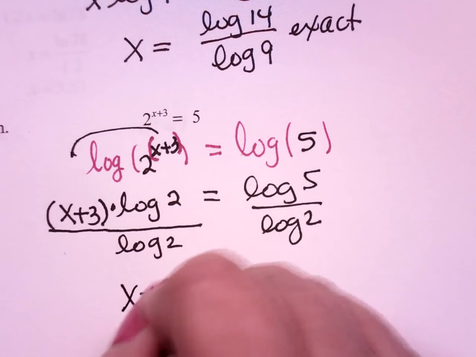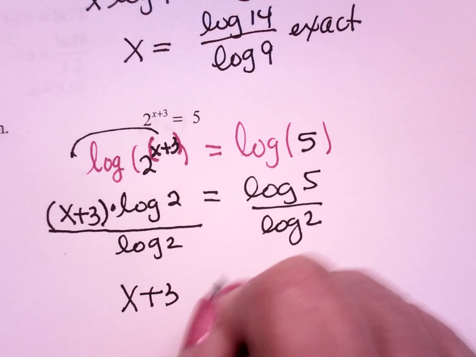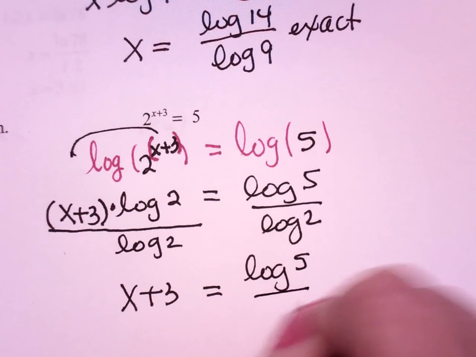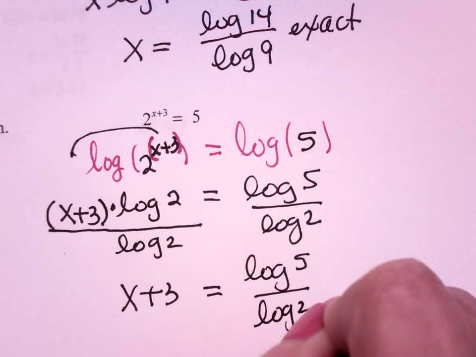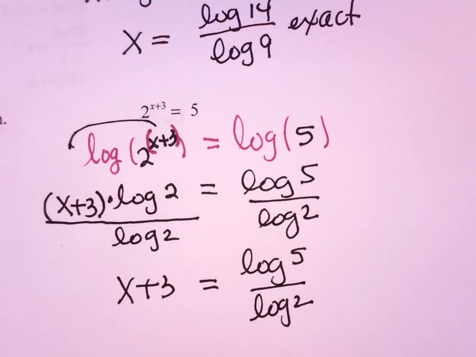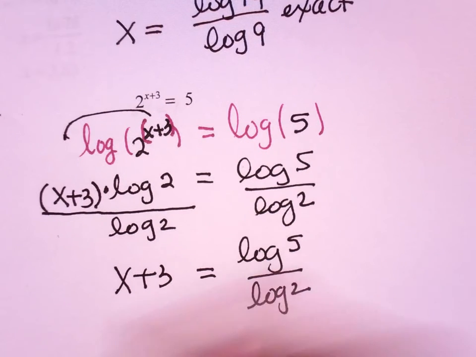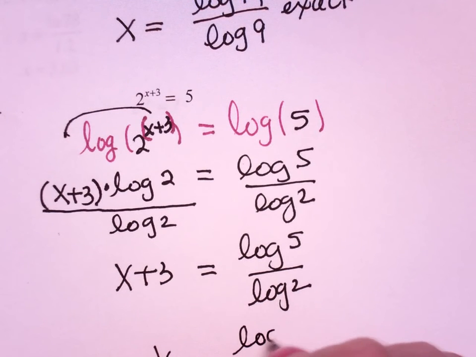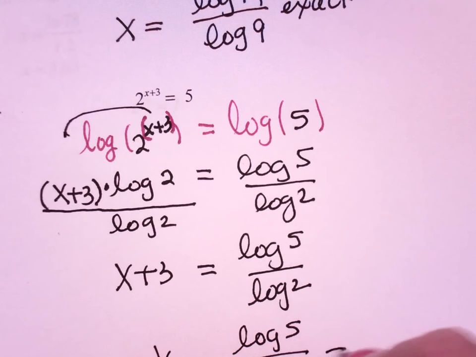So x plus 3 equals log of 5 divided by log of 2. That's just a decimal number. So x equals log of 5 divided by log of 2, subtract 3.